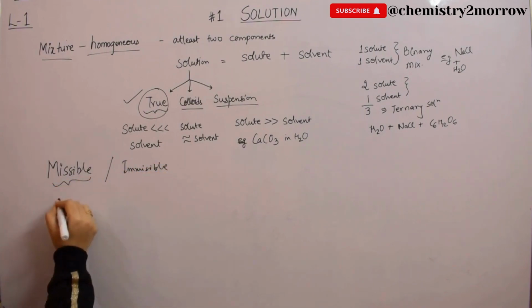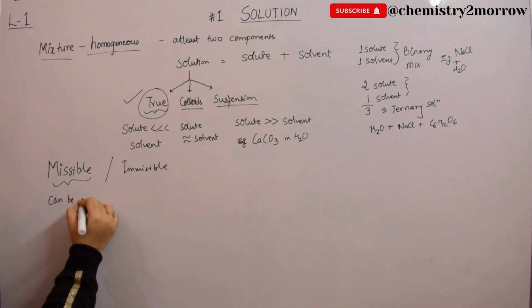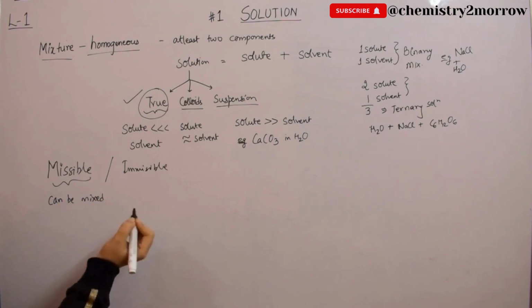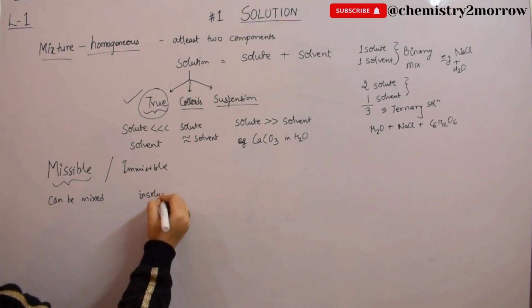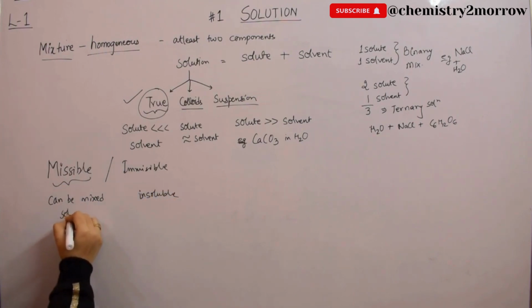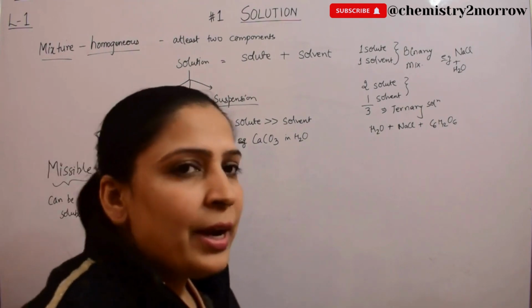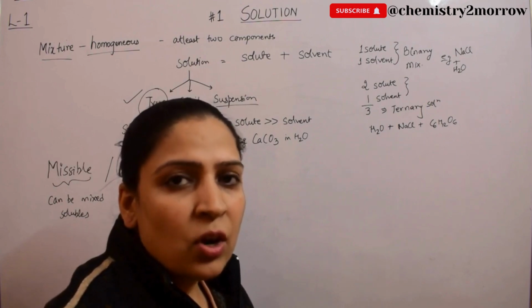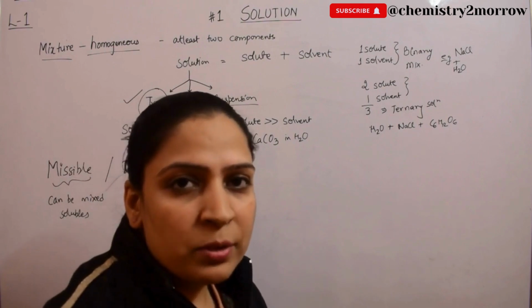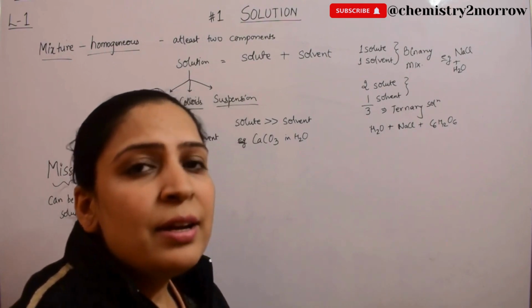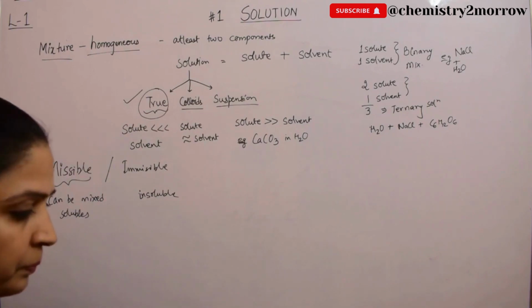Miscible means which can be mixed, and immiscible means insoluble basically. For example, water and ethanol, which is an alcohol, are miscible liquids, whereas water and benzene are immiscible liquids, meaning they do not form a solution. Right, so these are just the terms that you need to know.